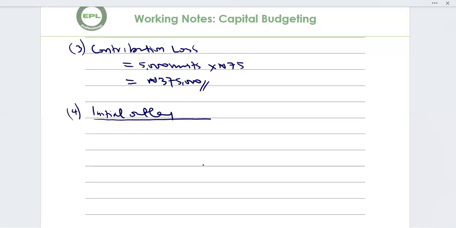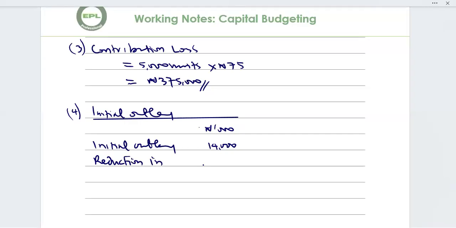Currently, the initial outlay is 14 million naira. Our figures are in thousands. We are now told that the reduction in working capital is 750. So the difference, which is 13,250, will represent the initial outlay that we are going to consider.